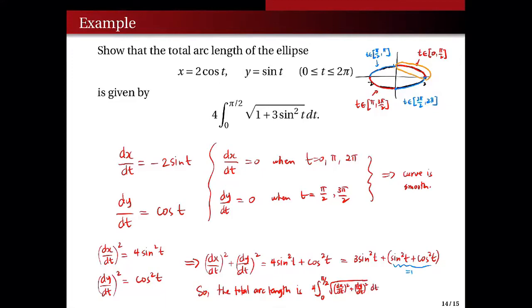But dx over dt squared plus dy over dt squared is given by this guy here. And that's the formula we are looking for. We have the integral from 0 up to pi over 2 of the square root of 1 plus 3 sine squared t, and then the dt.